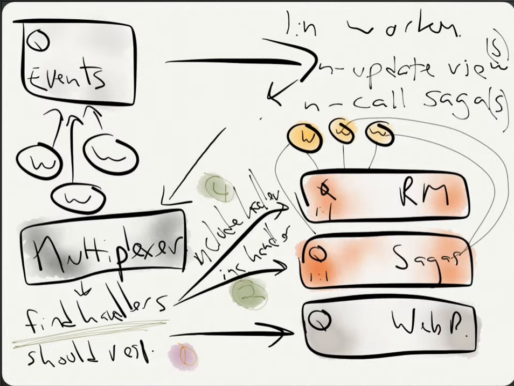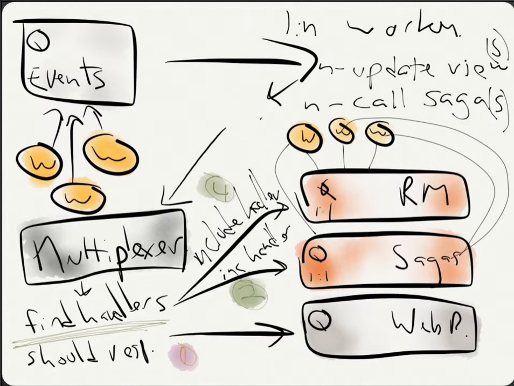Now, this looks complicated, but it is an elegant solution because it leverages the existing behavior of queues to have poison messages, to allow retries, and it'll help us scale out the work.